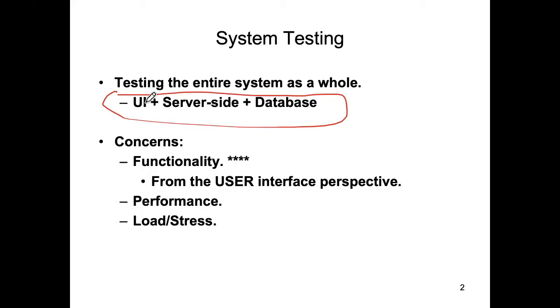You're just interested in the entire application, and what you're interested in is the functionality, number one, for sure. Does the functionality work from the user's perspective? In real life, you would also be concerned with performance and heavy load, but we're not dealing with those aspects in this module.